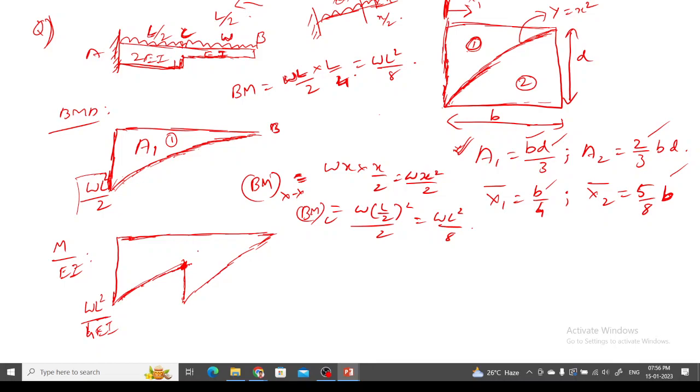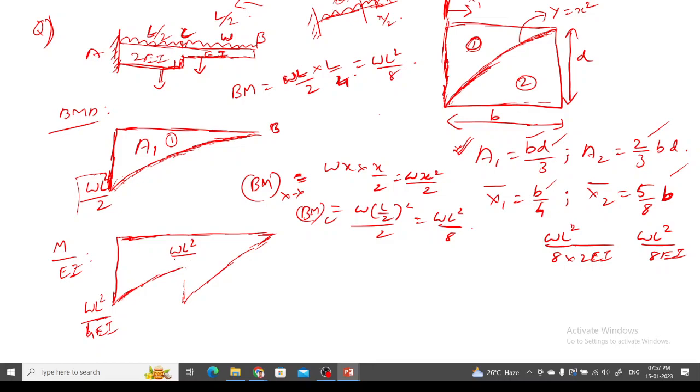So here if I divide this WL square by 8, at this junction I have two cross sections, right? One is of 2 EI and another one is of EI. So I have to divide by both these sections. One is by 2 EI and another one is by EI.